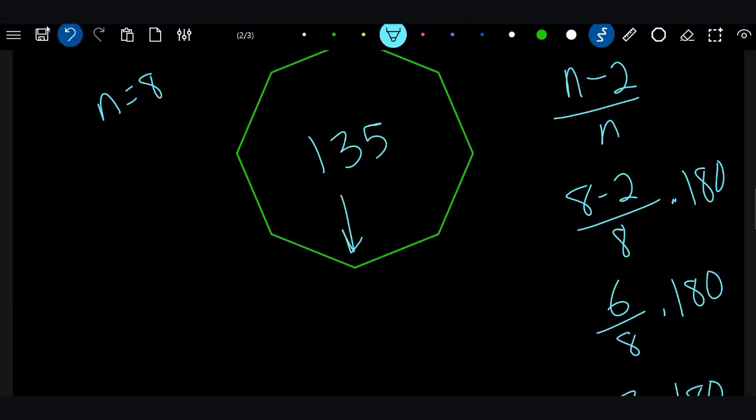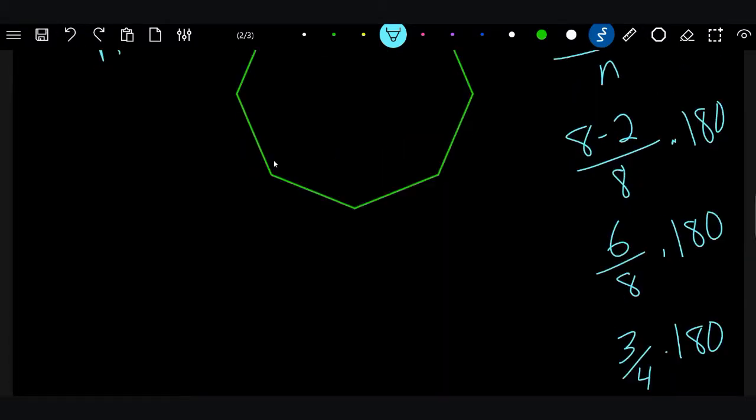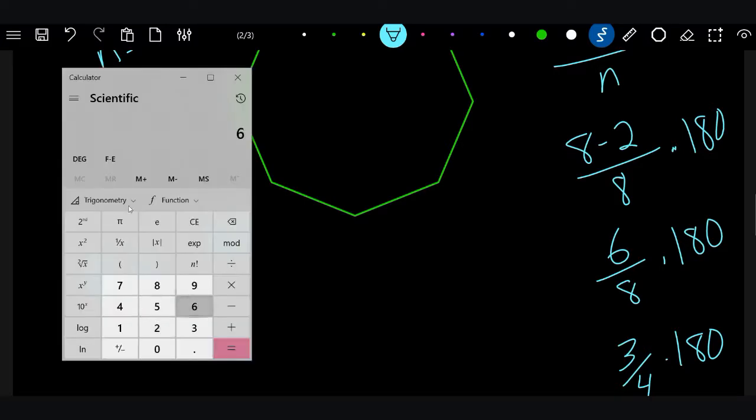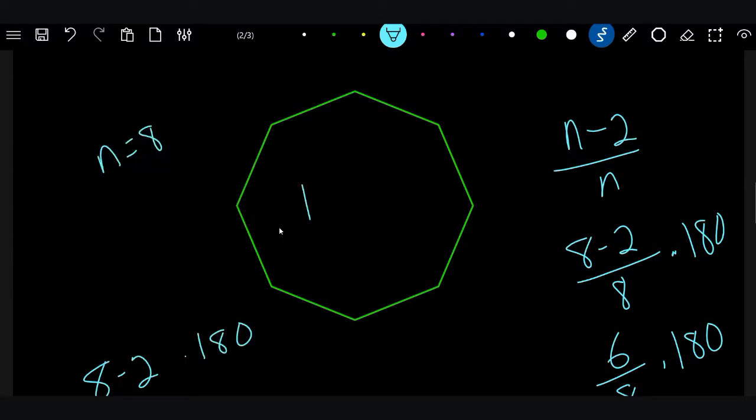Well, let's do this. I put the total in there, and I didn't even find the total this time. So to find the total, we do 8 minus 2 times 180. 6 times 180 equals 1080. So total, 1080 degrees are inside of an octagon.